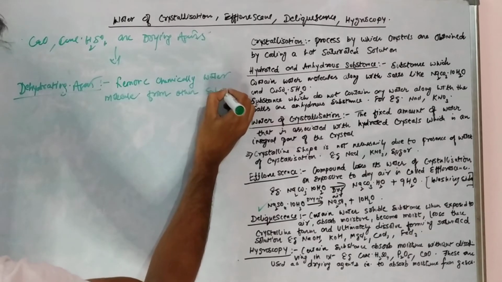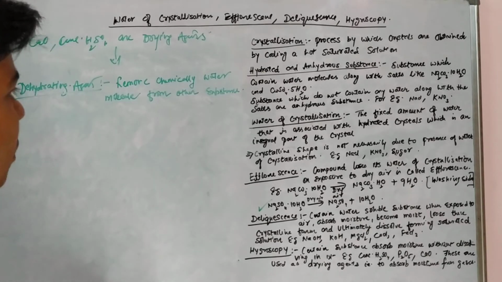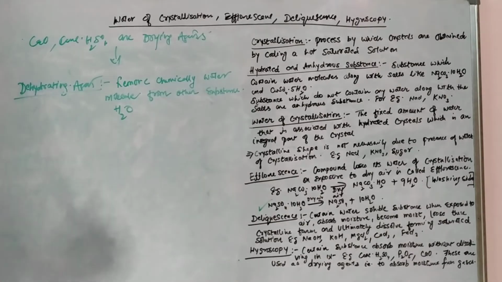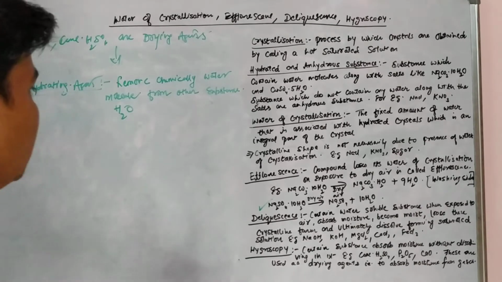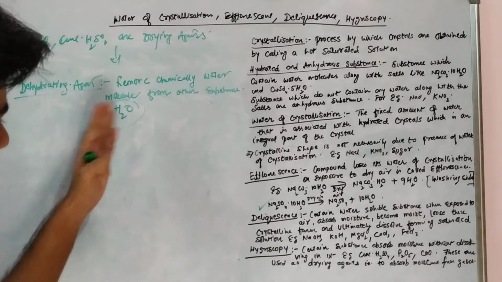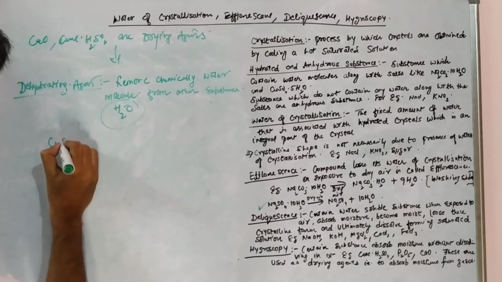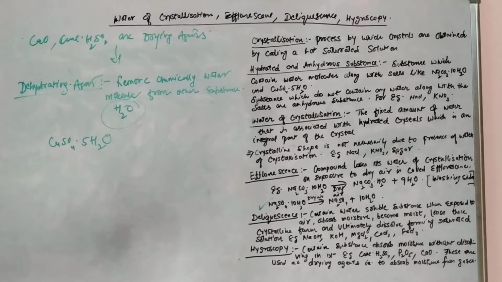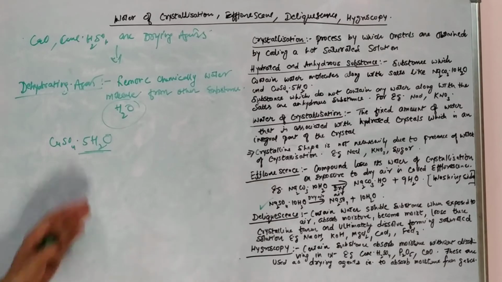What do we mean by that? It will remove this water molecule, which is two atoms of hydrogen and one atom of oxygen. So a dehydrating agent will chemically remove this water molecule from other salts or other substances. For example, copper sulfate pentahydrate. A dehydrating agent will remove these associated water molecules.